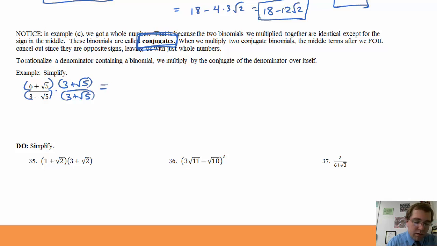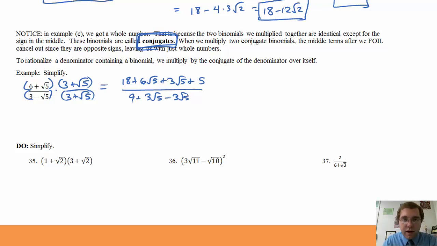FOIL the numerators, FOIL the denominators. So in the numerator, I've got 6 times 3, that's 18, plus 6 radical 5, plus 3 radical 5, plus radical 5 times radical 5, which is 5, over 9 plus 3 radical 5 minus 3 radical 5 minus radical 5 times radical 5, which is 5.